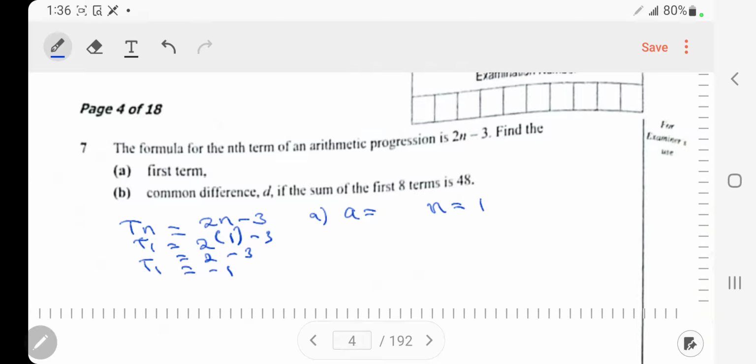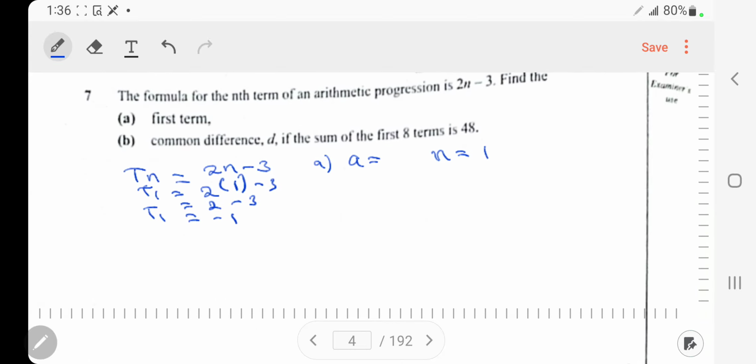No stress. For B, it says find the common difference if the sum of the 8 terms is 48. So how do you find the common difference? There is another way of finding the common difference in which you do not even need to consider this, but since we have been given it, let's use it.